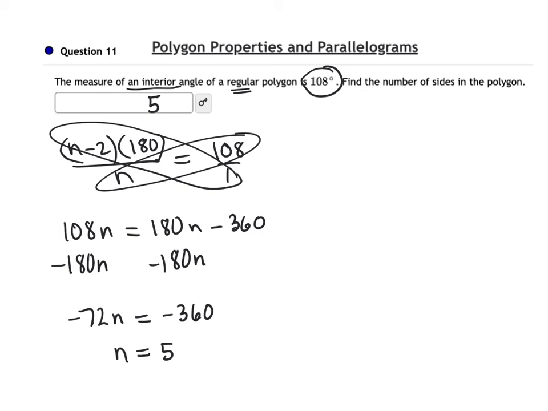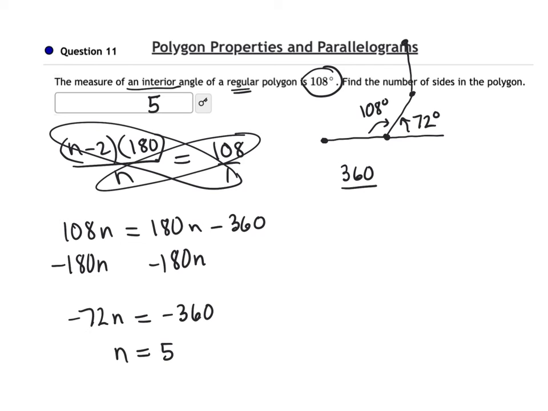The other way you could do that question is just to understand what an exterior angle is. My polygon always goes around with straight sides, and it's regular. I know this interior angle is 108 degrees. So if I extend a side, I get an exterior angle, which happens to be 72 degrees. I know all the exterior angles add to 360 degrees.